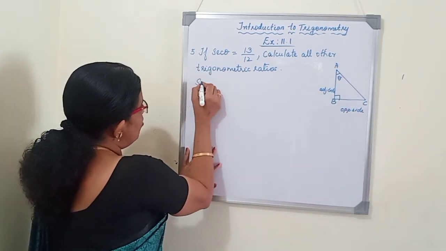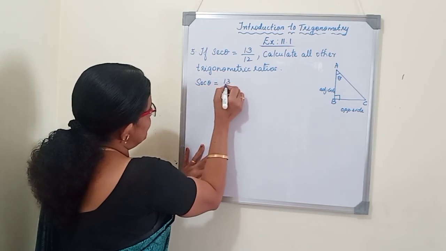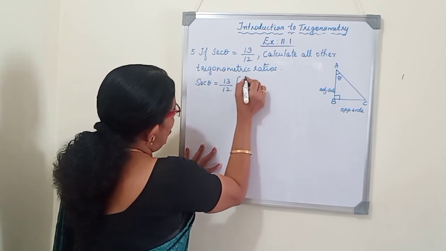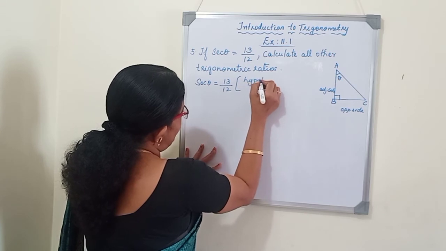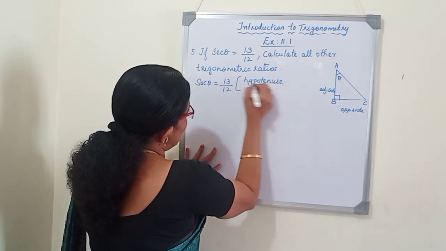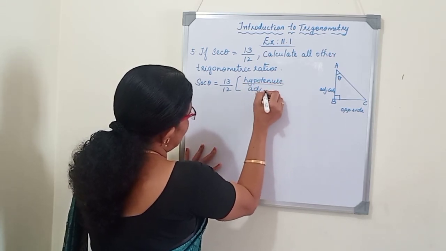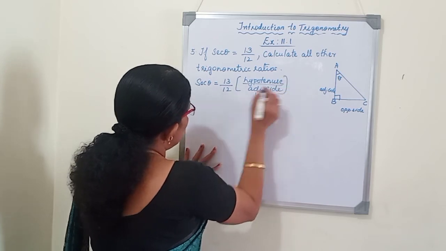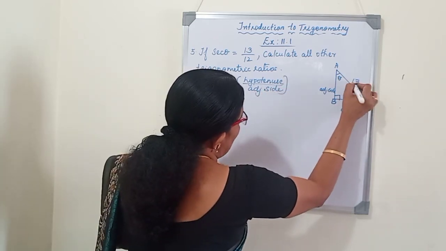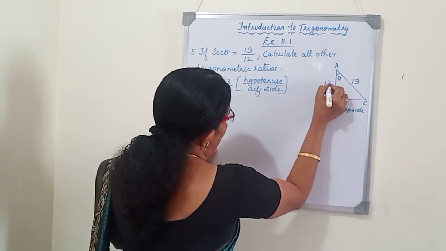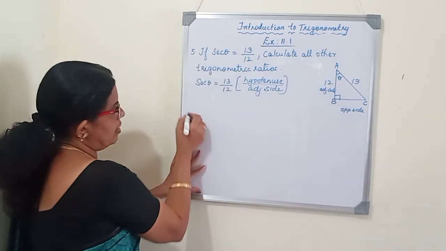Now what is the formula for sec theta? Sec theta is hypotenuse by adjacent side. So hypotenuse is 13 and adjacent side is 12. Now we will find BC, opposite side.